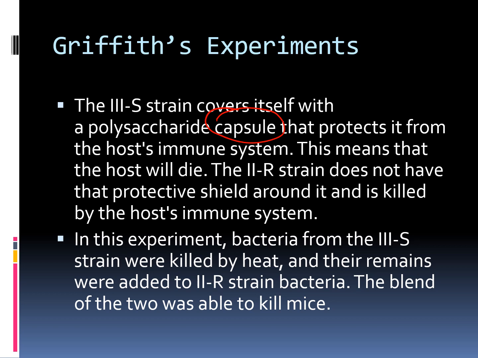So in his experiment, bacteria from the smooth strain were killed by heat, and the remains were added to the rough strain bacteria. With this, he is able to kill the mice because he did something within the smooth bacterium.